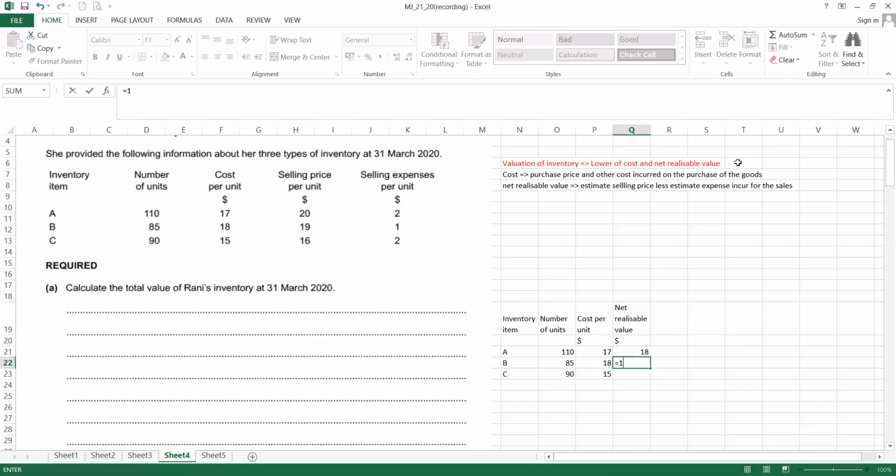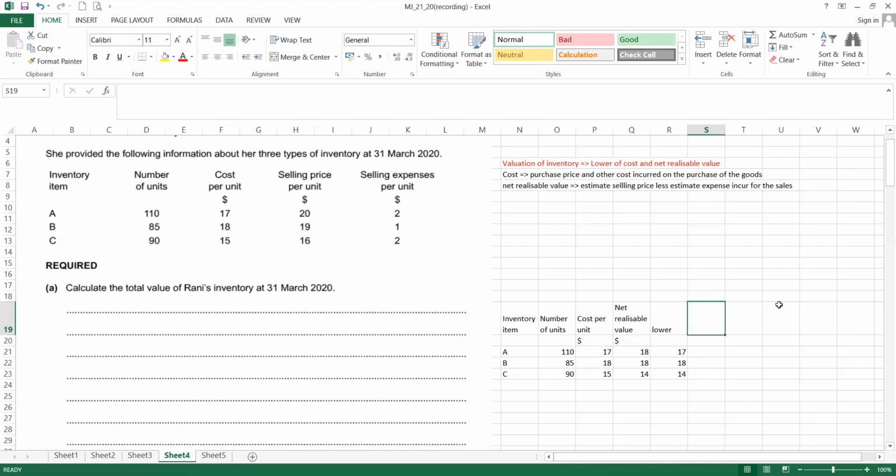Whereas 19 minus 1, we get 18. And then another one, 16 minus 2, 14. So now we need to choose which one is lower. Compare these two, 17 is lower. And this one both are the same, so either one, no effect. Whereas for this one the net realizable value is lower.